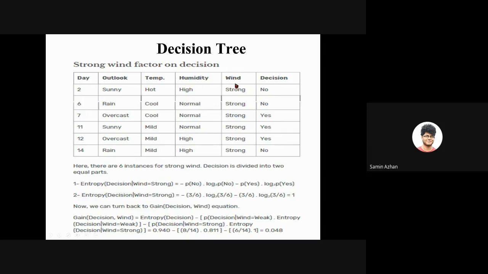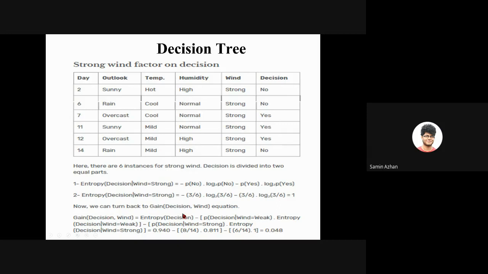So based on wind equal to strong, we can't really say anything. It's very difficult for us to make a decision here. So that's why this is a very impure set, and as a result, we get 1, maximum impurity.